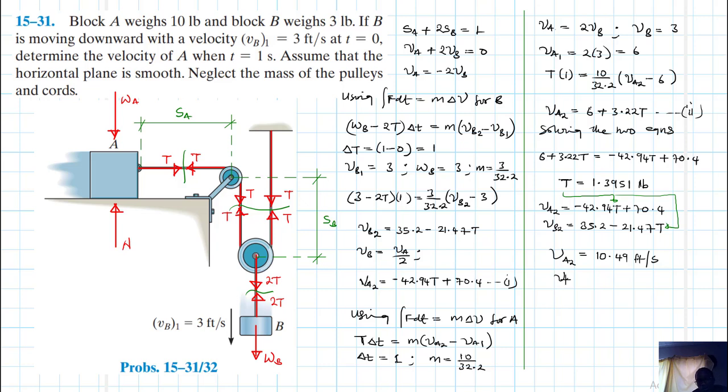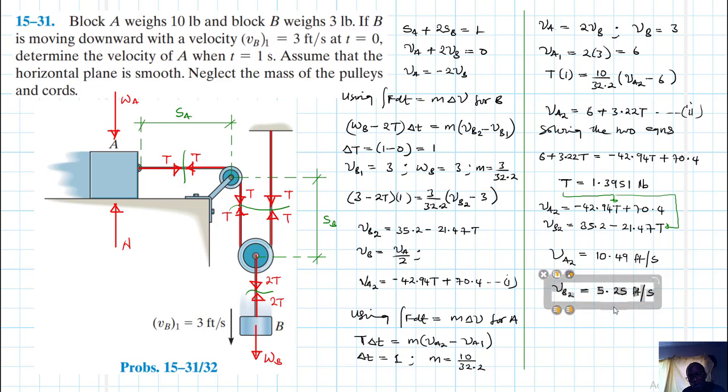So VB2 is going to be equal to 35.2 minus 21.47 times 1.3951. So this gives us 5.25. Okay, it's not bad. Right, so I guess we are done.